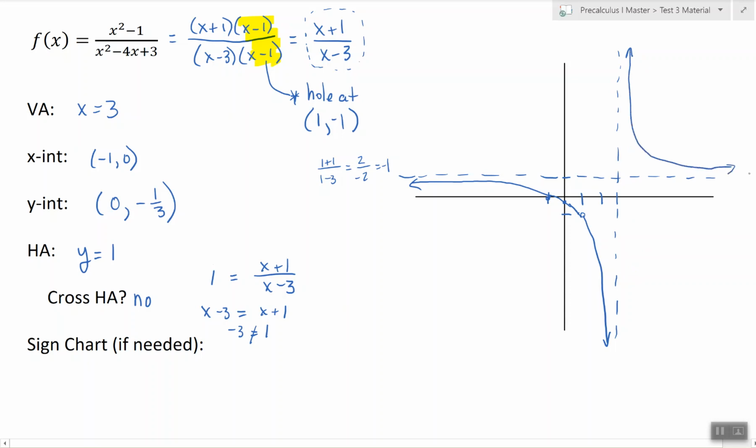Sometimes you don't know what your graph is going to be based on the information that you found, but you know what it is based on what you don't have. Since we don't have another x-intercept here for us to go through and get pulled toward that asymptote, we know that it must be up here. Again, we didn't have to do a sign chart on this one, so I just skip that step.